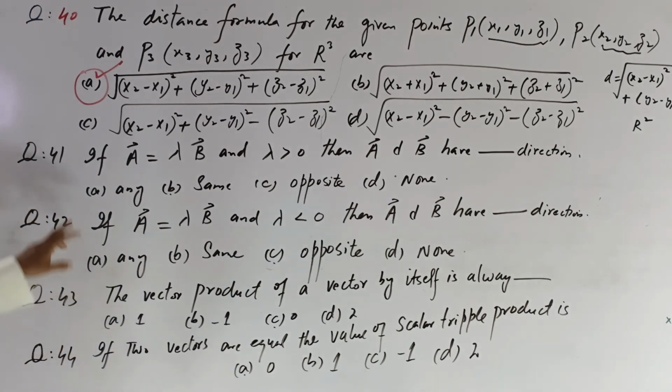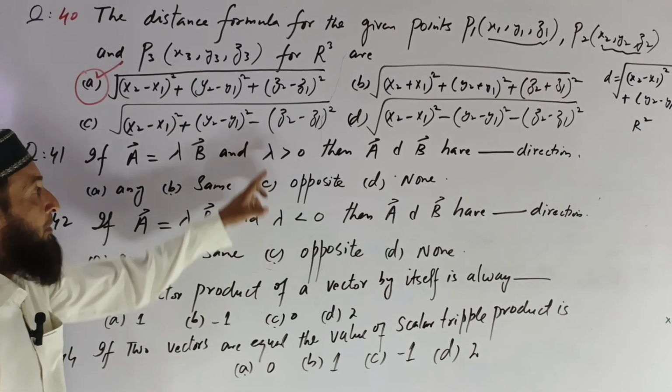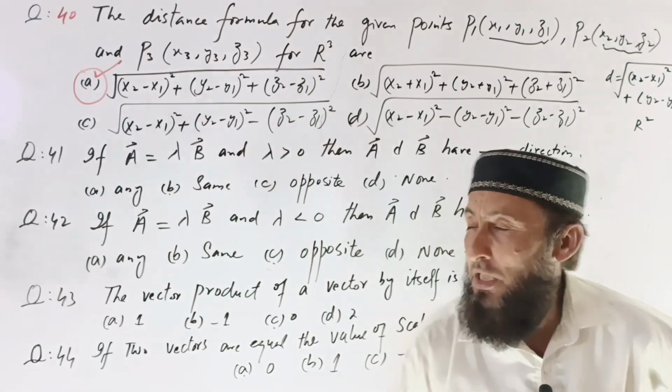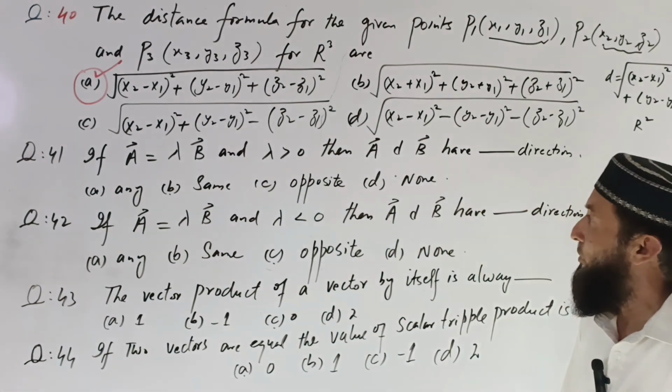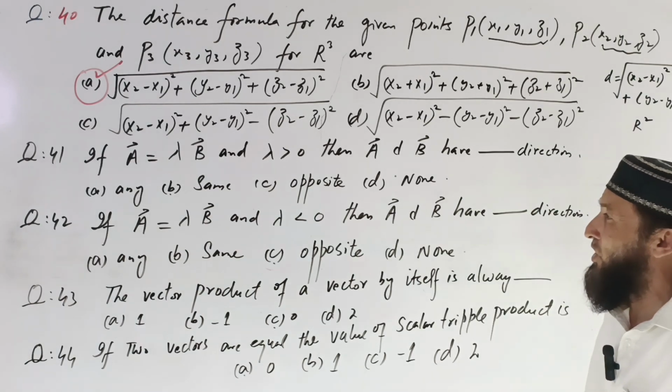Similarly, question number 41: if A is equal to lambda B and lambda is greater than 0, lambda must be a positive number. Then A and B are in the same direction.